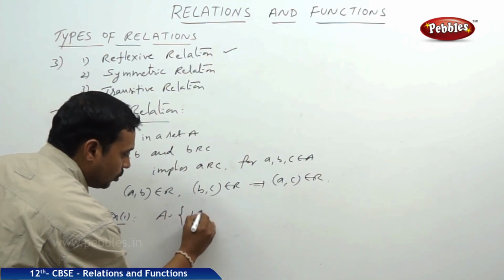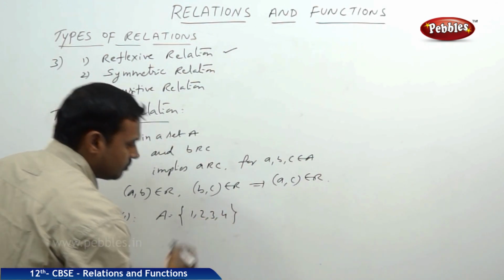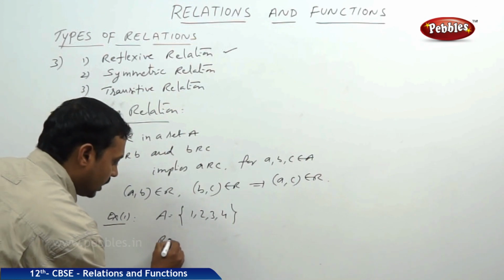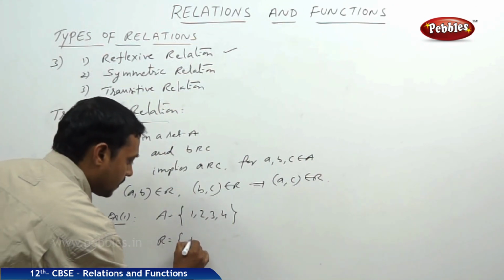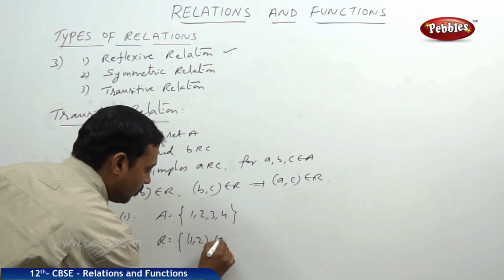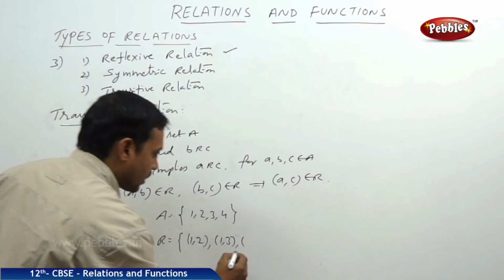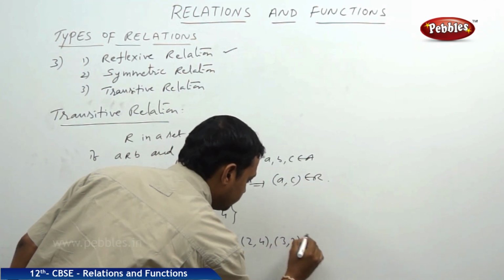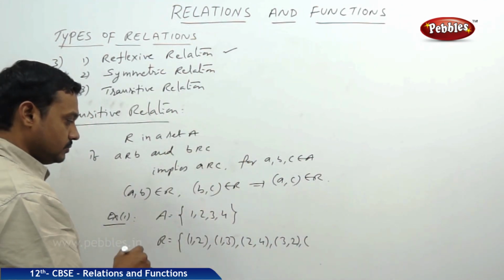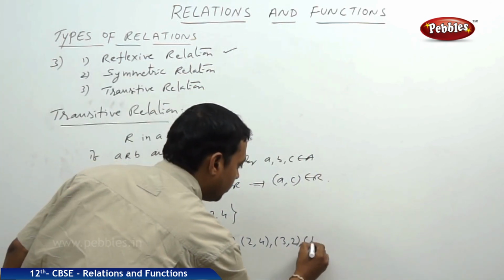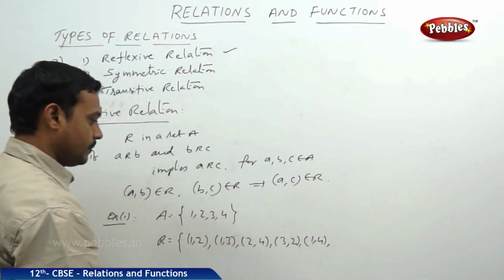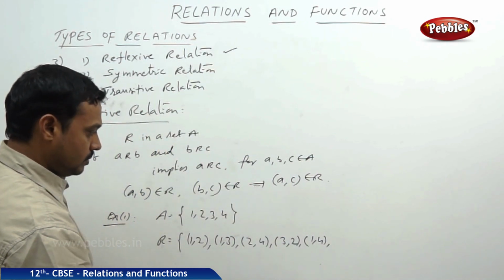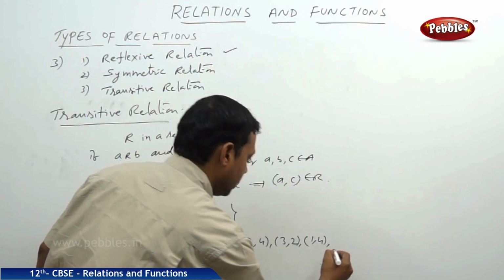A is equal to {1, 2, 3, 4}. So, one set I have chosen 1, 2, 3, 4 and one relation I am taking like this: (1, 2), (1, 3), (2, 4), (3, 2), (1, 4), (4, 3).